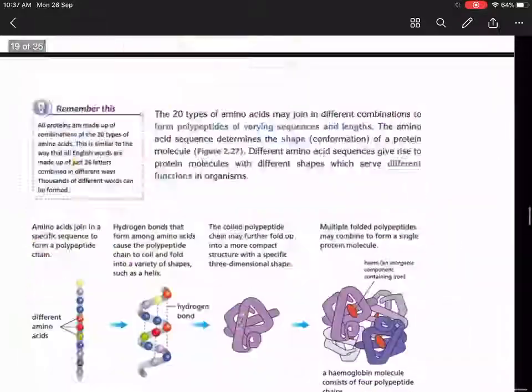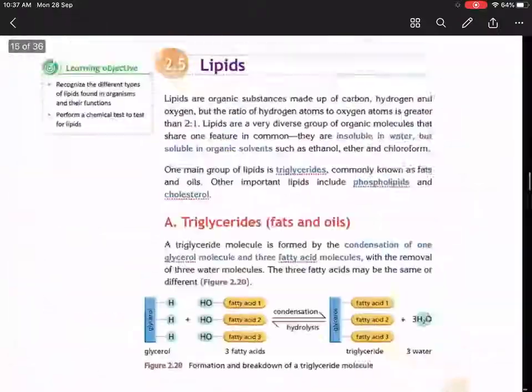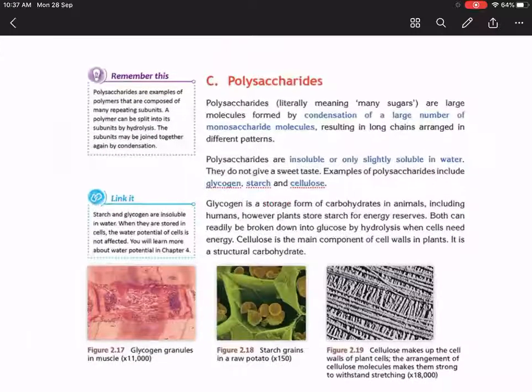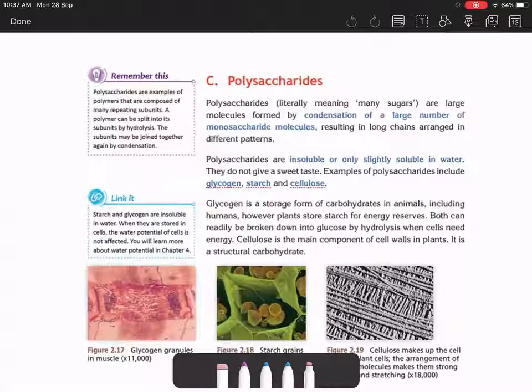Page 11. Here again, you just listen and then look at the pictures. Later, I will highlight the part on page 24 for you. This time, poly means many.